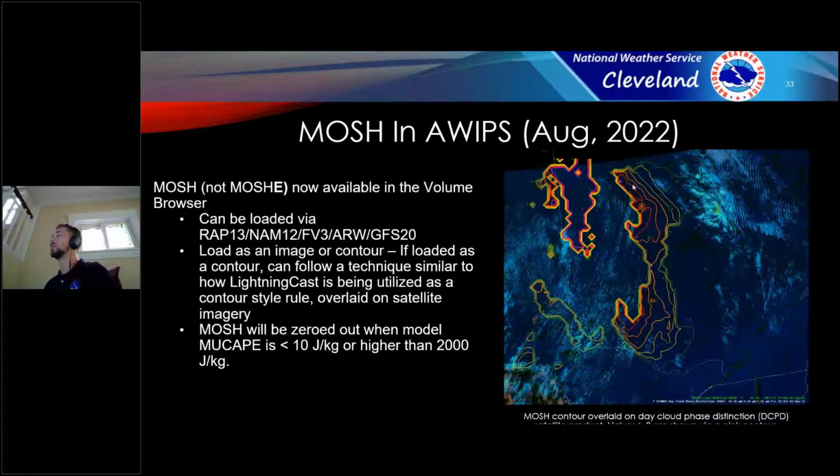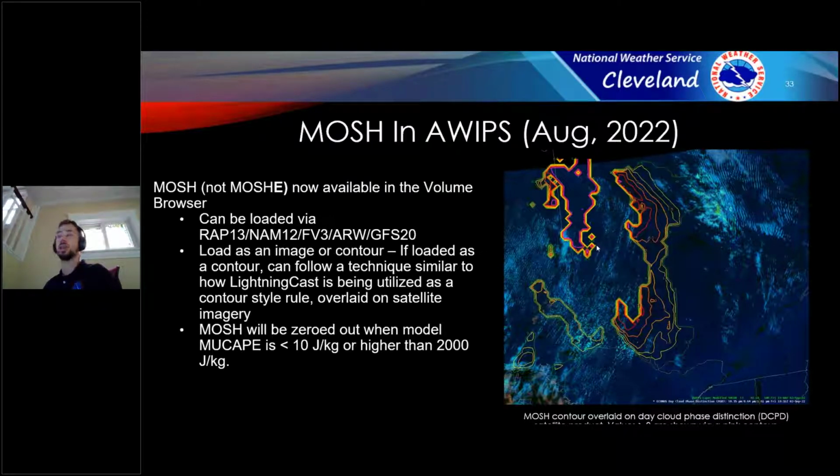But this is the MOSH contours overlaid on top of the day cloud phase distinction product. So I think this could be very well utilized by a mesoanalysis position within the office, tracking how that environment is changing, in addition to seeing how the environment is changing on the satellite as well, and how those clouds, like I said earlier, for the day cloud phase distinction, how I like to use that for initiation.